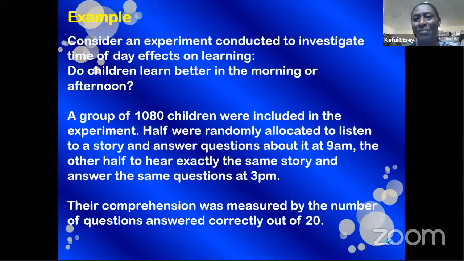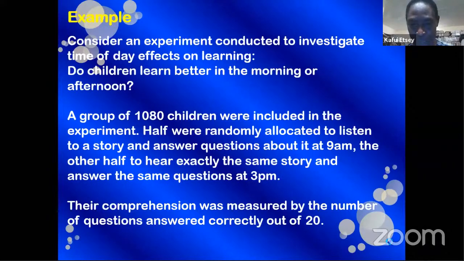Half of them were randomly allocated to listen to a story and answer questions about it at 9 a.m. The other half heard exactly the same story and answered the same questions at 3 p.m. Then, after they had done that, they measured their comprehension by the number of questions answered correctly out of 20. So here we have two groups. The first group, the 9 a.m. group. The second group, the 3 p.m. group.